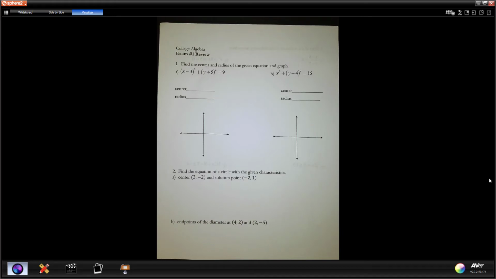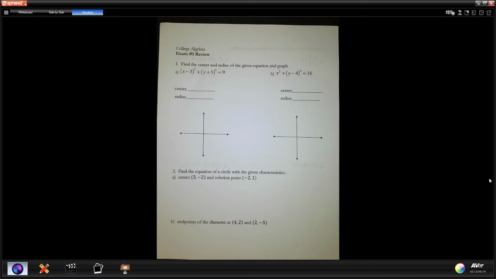We are going to start our review for our final exam, and today we are going to be looking at Unit 1. If we recall, Unit 1 had a few different topics in it, and we're going to be looking at the first part of graphing a circle and then writing the equation for a circle.